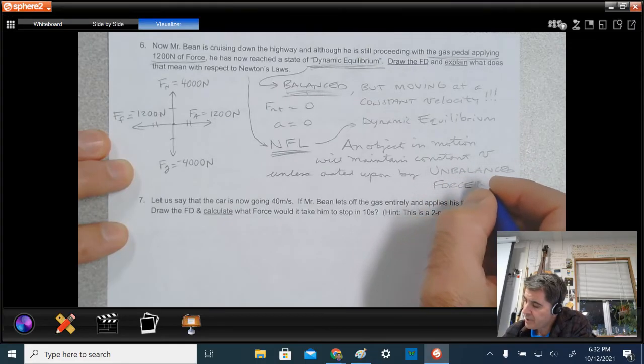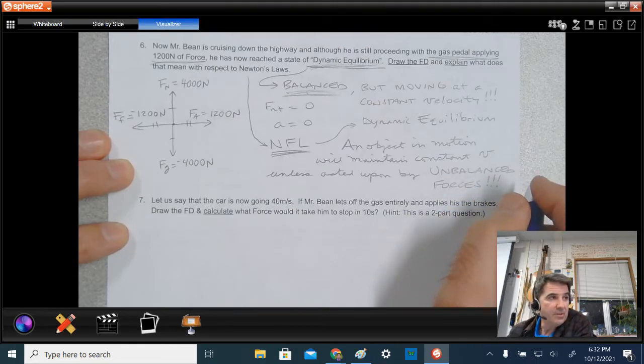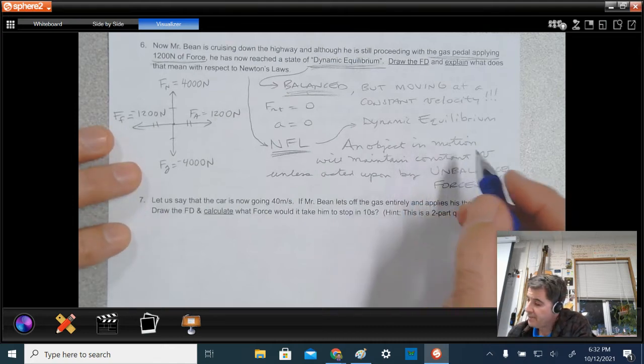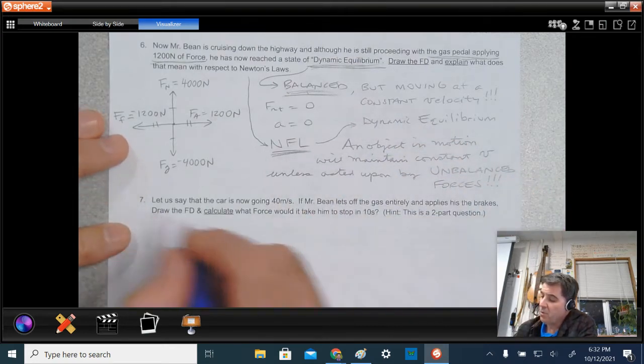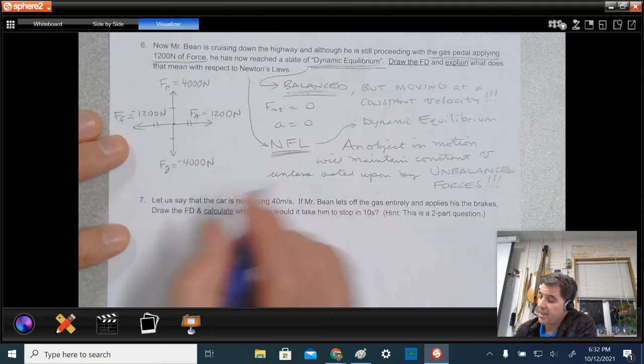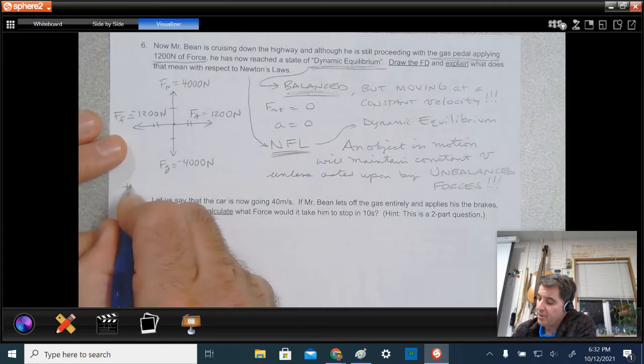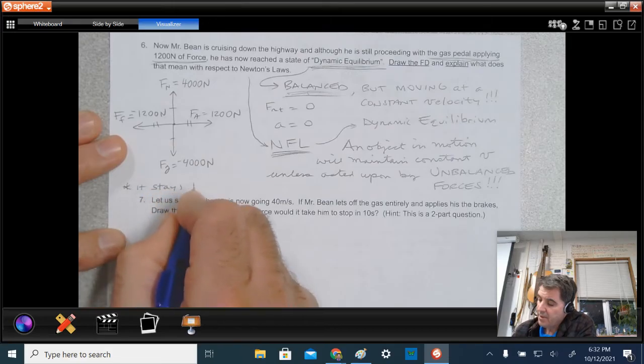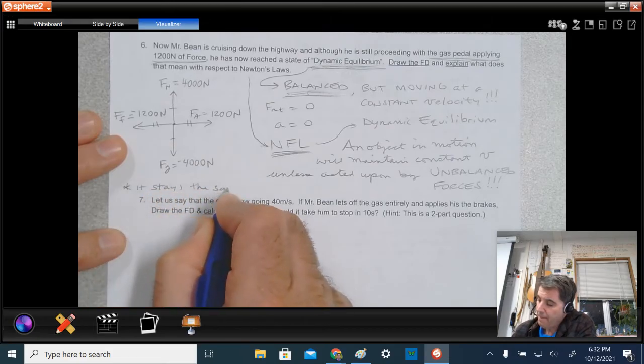And these forces are balanced. And so that is Newton's first law. So since the forces are balanced, it stays the same speed. In other words, it stays the same speed.